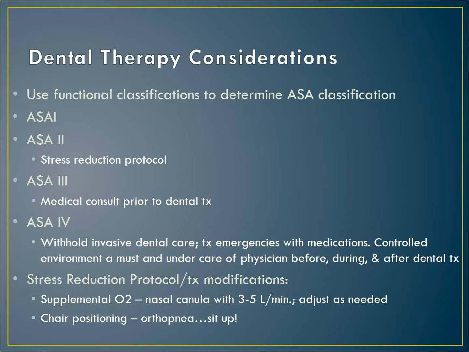And then 4, as always, we are only administering dental care that's necessary at the time, no elective care there. So stress reduction protocol and treatment modifications: supplemental oxygen is always a good idea, but you're only going to use about 3 to 5 liters per minute, and we'll talk about that more in pain management and in pharmacology. And then chair positioning, remember, don't sit them back very far, and that's orthopnea.